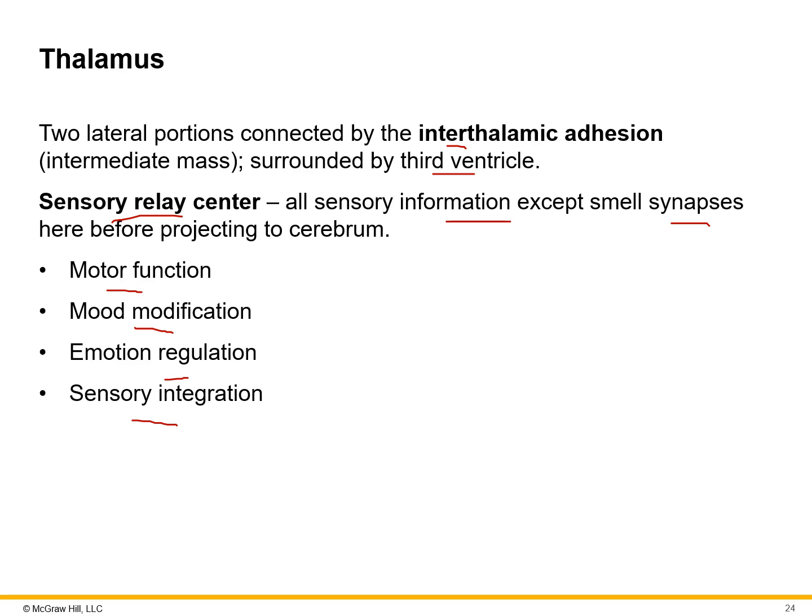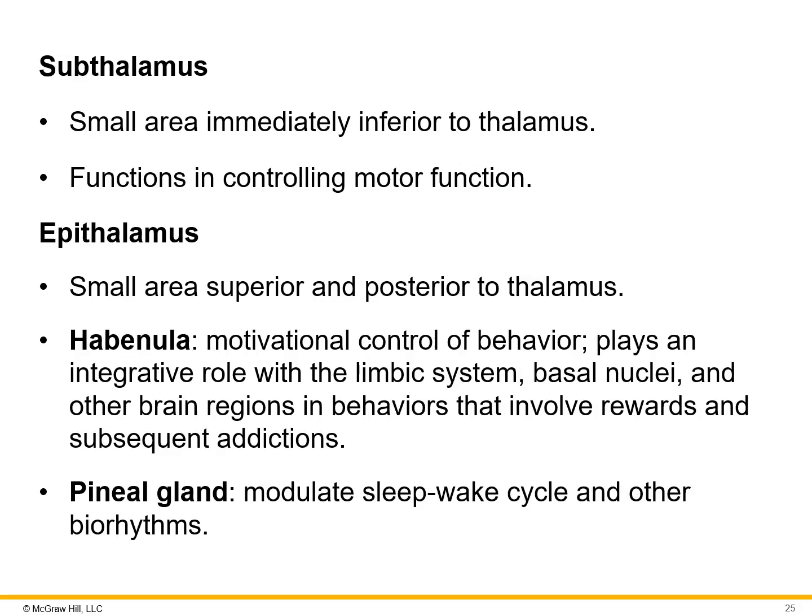the thalamus. The subthalamus is just inferior, so sub meaning below that thalamus, so it's involved in controlling motor function. The epithalamus, again, epi means on the outside, so it's a little up and over, so superior and more on the outside, or posterior to the thalamus.